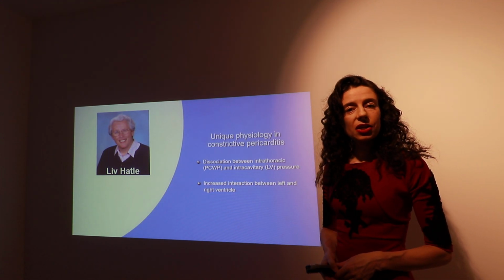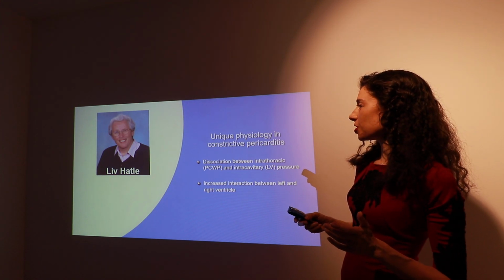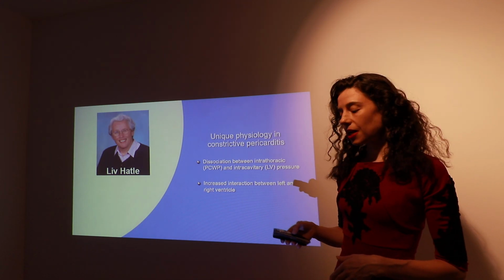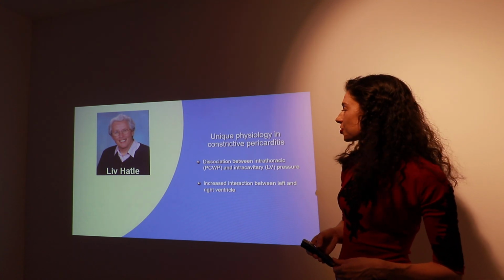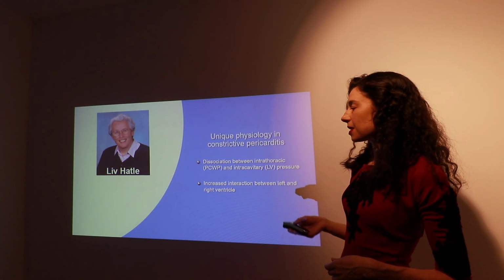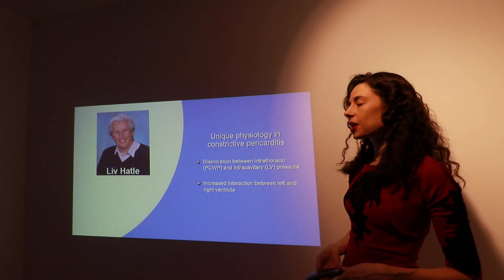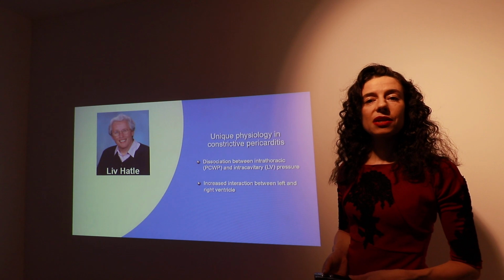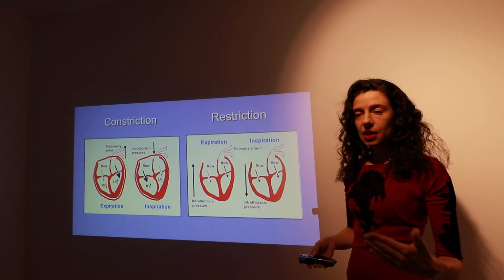The first one to describe the unique pathophysiology of constrictive pericarditis was Lewis Heitel. He described the dissociation between intrathoracic and intracavitary pressures and also the increased interaction between the left and the right ventricle. Let us see how this happens.